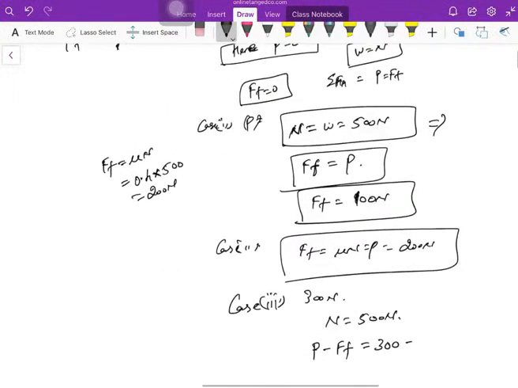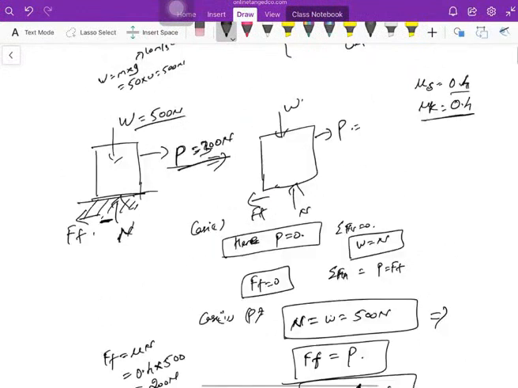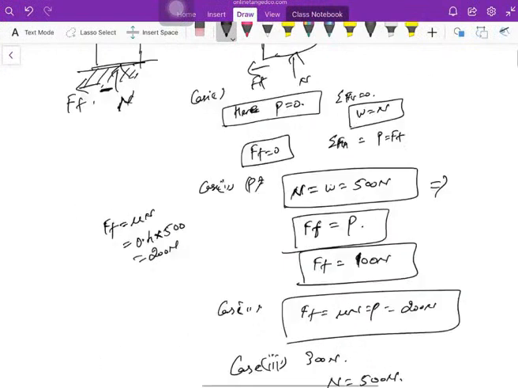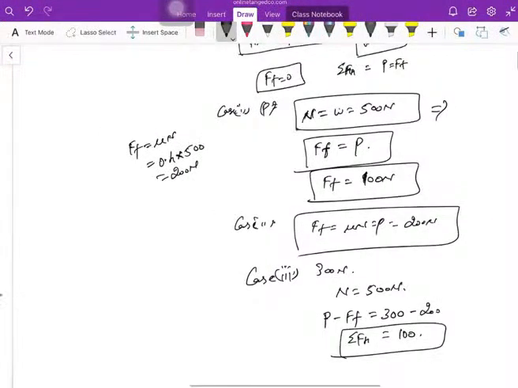Now the block is not stationary. Since I have applied 300 Newton, the block will start to move, so we have to use the dynamic friction here, which in my case is 200. So sigma horizontal is nothing but 100, which tells me that the block is moving. This force will make the block move.